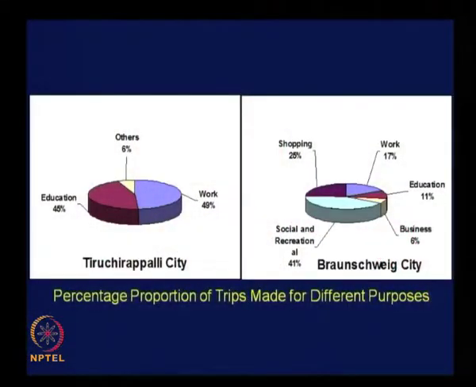Also, we need to realize that sometime later Tiruchirappalli may transform into Brunswick. Our country is developing, it is going to be like this. So, we need to be prepared to meet the future changed travel pattern while planning for the transportation system.